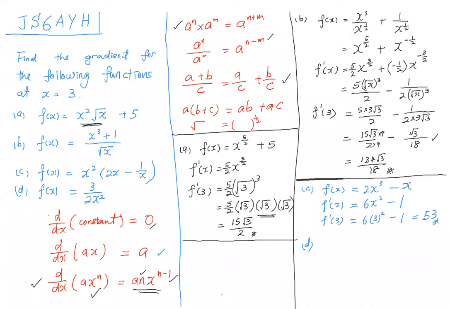How to do D? Singren. Rewrite the equation into f(x) equals 3 over 2 x power negative 2. Yeah, you are right. Rewrite the function as 3 over 2, then this is 1 over x squared, correct? So you can write it straight away. For me, I want to show some of them.